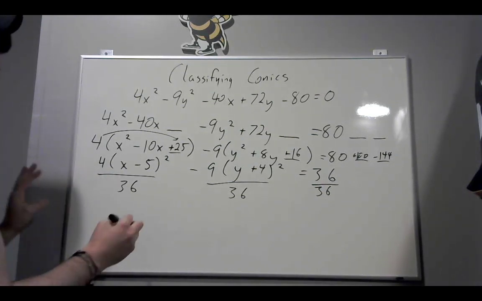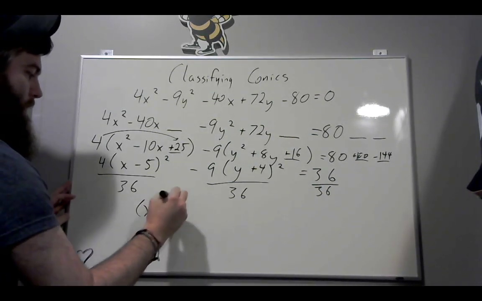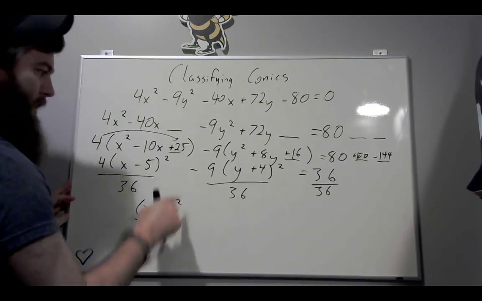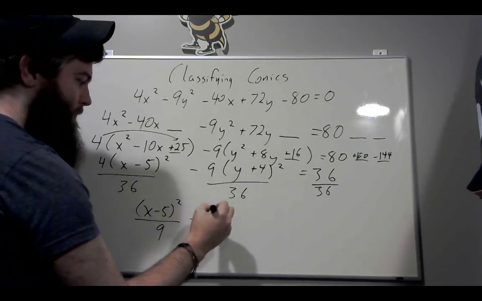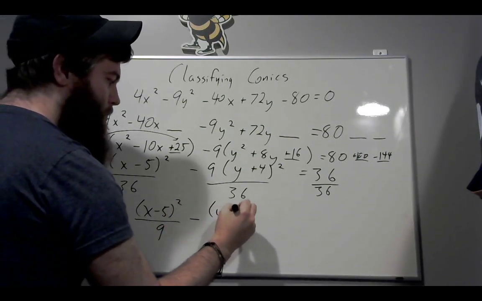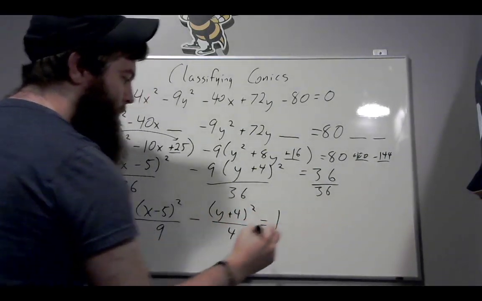So this over here would simplify down to x minus 5 quantity squared over 9. Notice how I now have this minus sign where it needs to go. So minus this y plus 4 quantity squared over 4 equals 1.